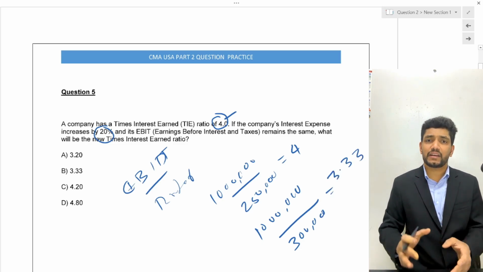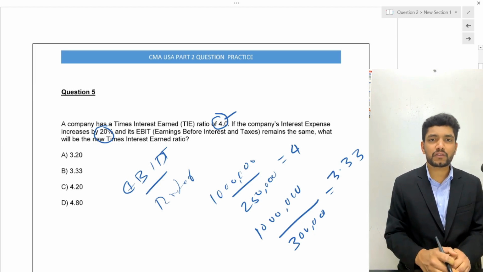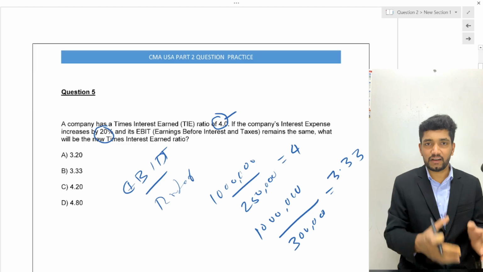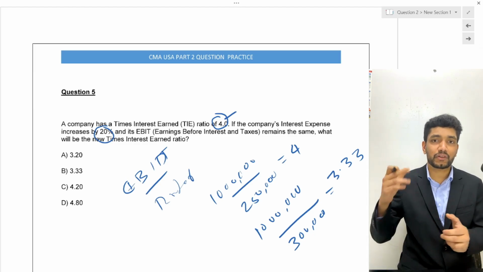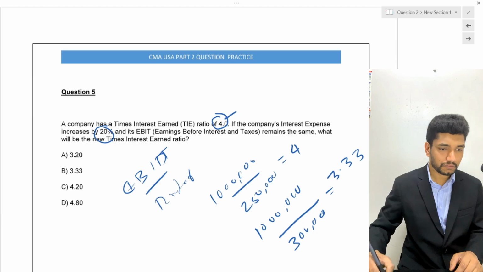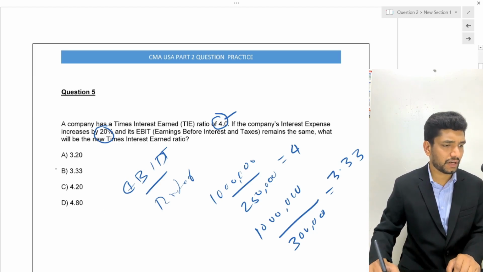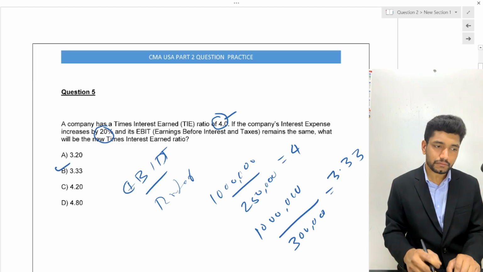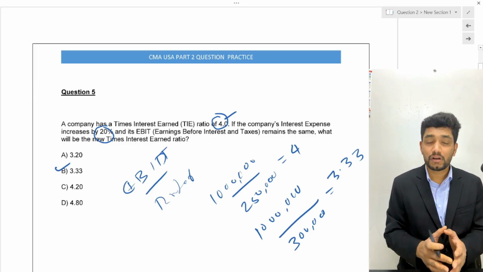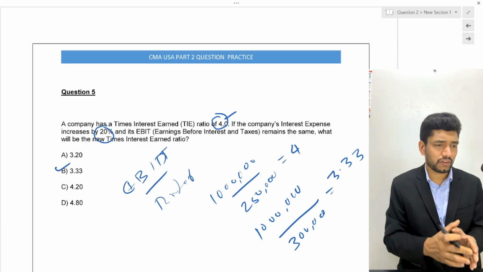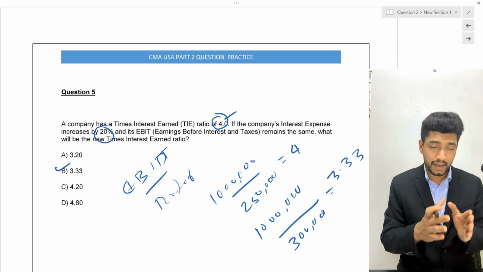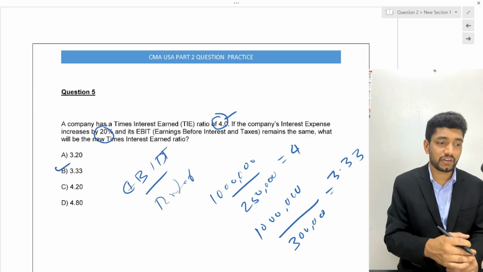So if you get a question like this, what you have to do is apply this to a real example, so your calculation and thinking will be faster. So here option B is correct, 3.33. All you have to know is the exact formula for times interest earned. That's all.